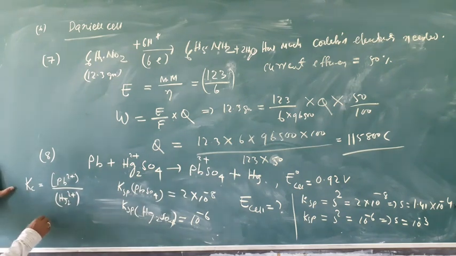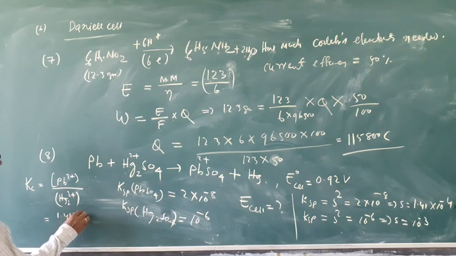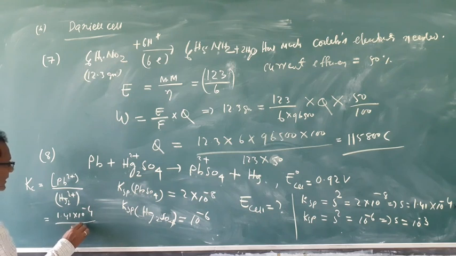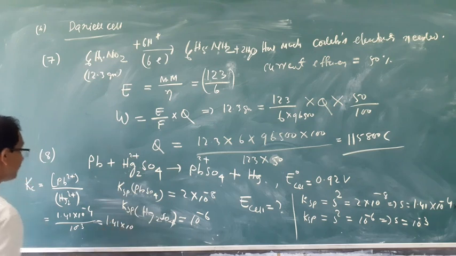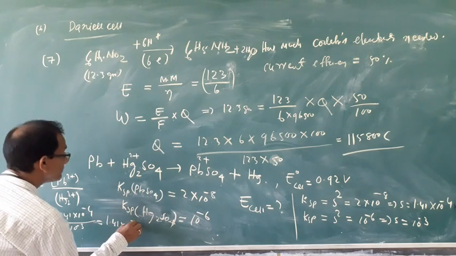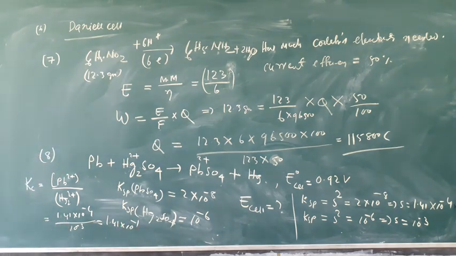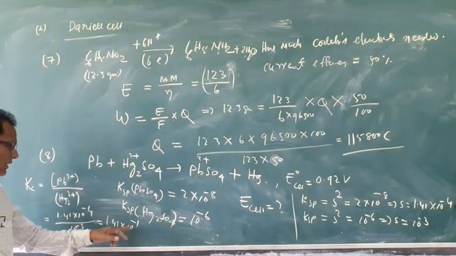So what is the value of Kc? Now Kc, if you divide 1.41 into 10 to the power minus 4 by 10 to the power minus 3, the result is 1.41 into 10 to the power minus 1.